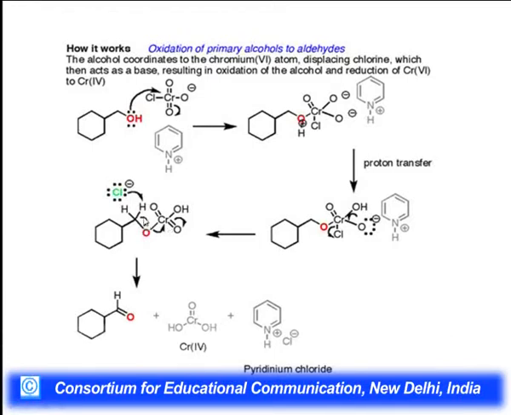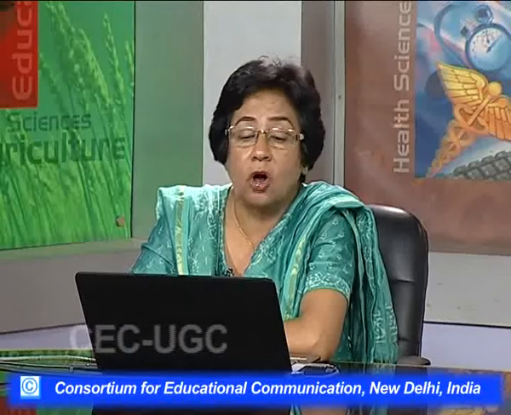At the same time, this chromium complex, being a good leaving group, is pushed out, and what we get here is an aldehyde. So this is how all the reagents like Collins reagent, Corey's reagent, and pyridinium dichromate act as oxidizing agents, and we get an aldehyde.